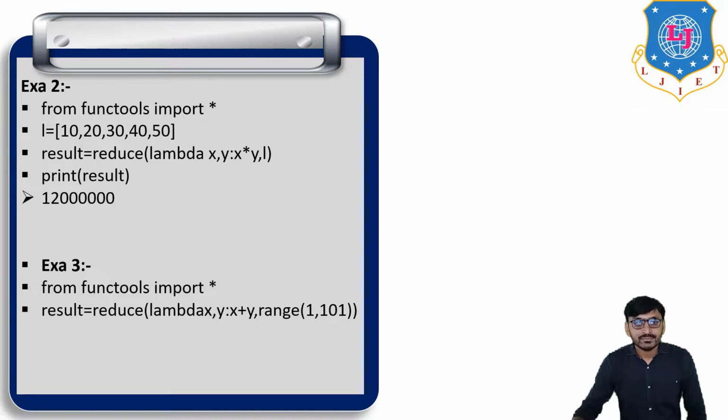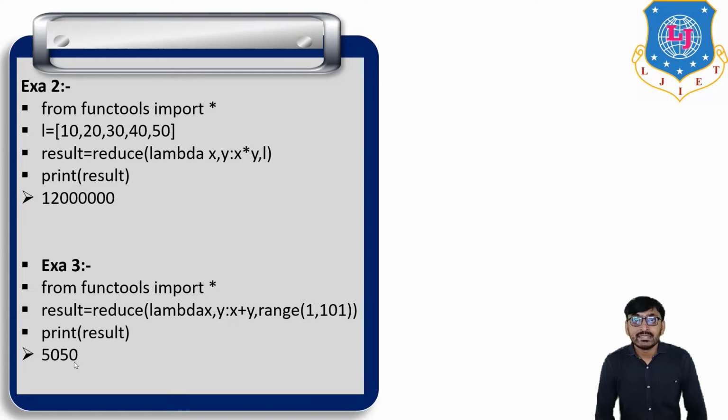Okay. So print result, then the output is 5050. It means the summation of 1 plus 2 plus 3 plus 4 plus 5 and so on, plus 99 plus 100, but 101 is not included.